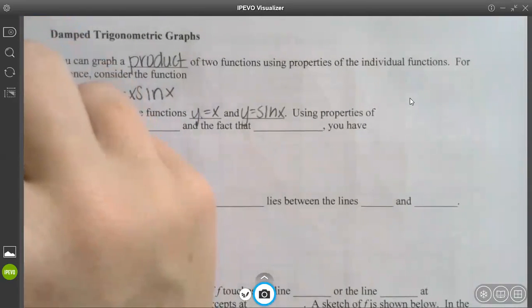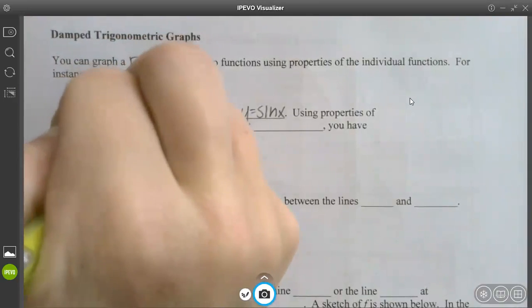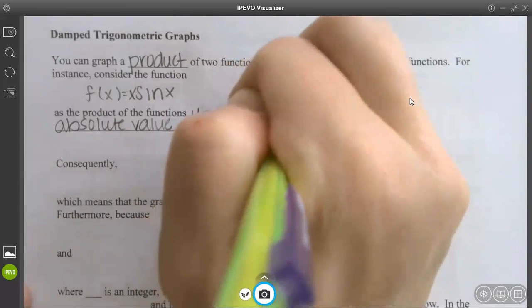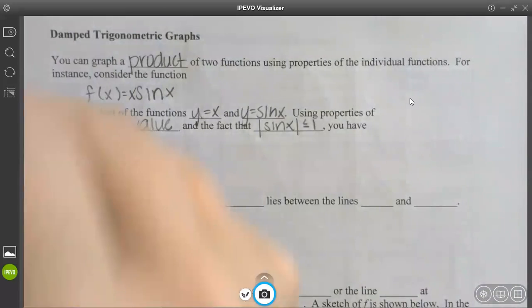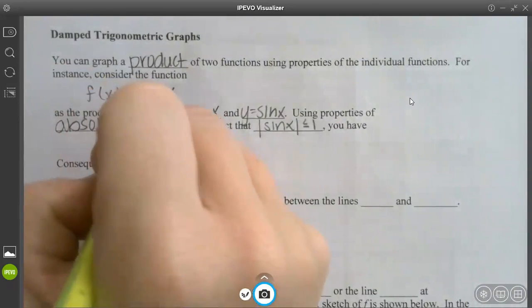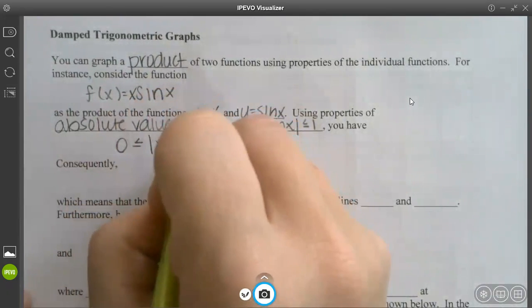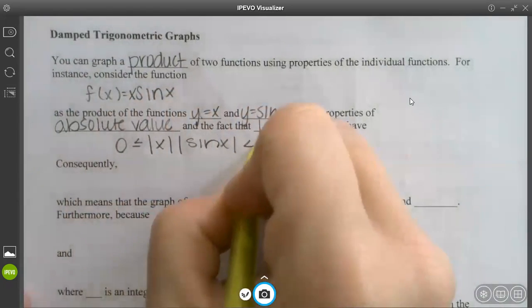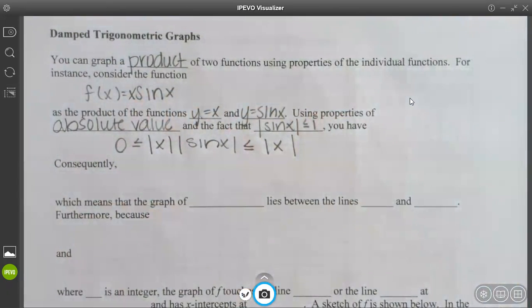Using properties of absolute value and the fact that the absolute value of sine x is less than or equal to 1, you would know that the absolute value of x times the absolute value of sine x falls between 0 and the absolute value of x.